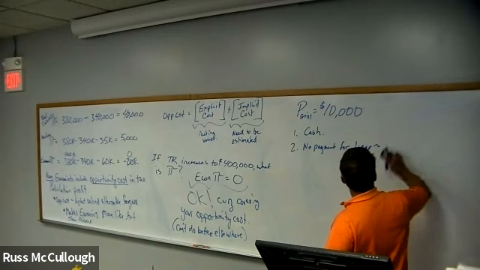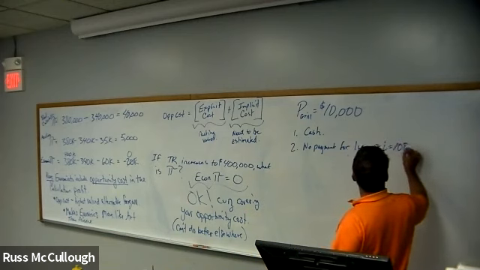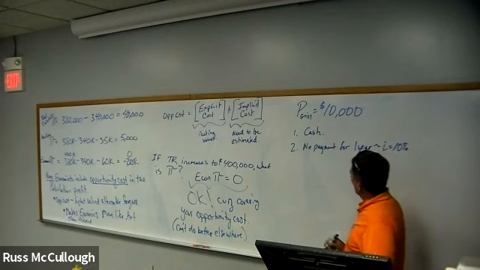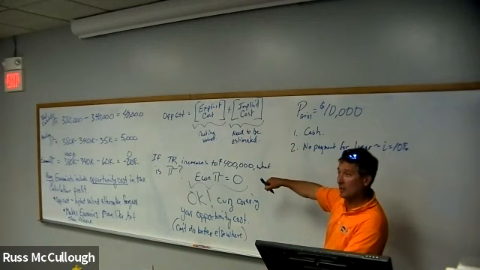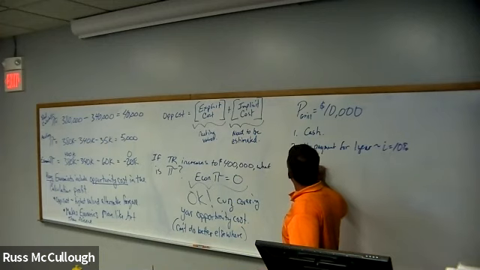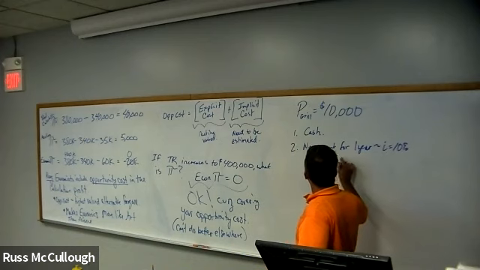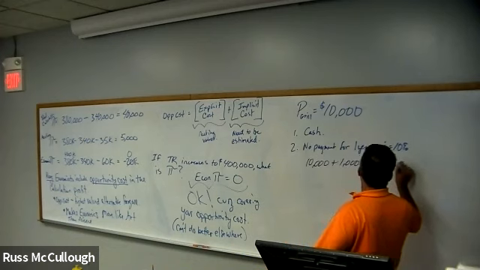So simple interest, no payments, interest rate equals 10%. Doing the math here, what's the grill going to cost at the end of a year? $11,000, right? We have the $10,000 grill plus $1,000 worth of interest, which gives me $11,000.